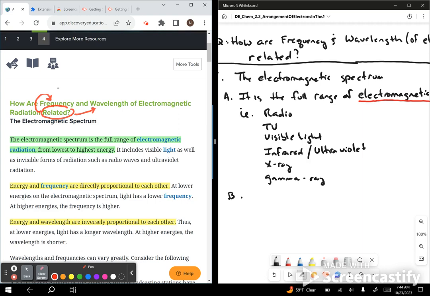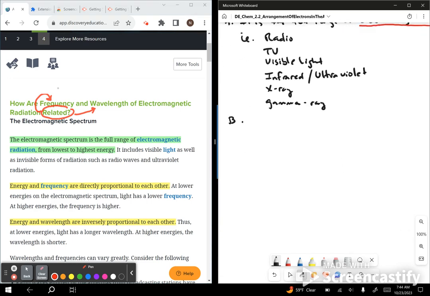So let's talk about some relationships here. Maybe we should give ourselves a little bit of background knowledge. Let's go ahead and draw a y-axis and an x-axis. And we can say that a typical wave demonstrates something like this. This is a little bit of review.